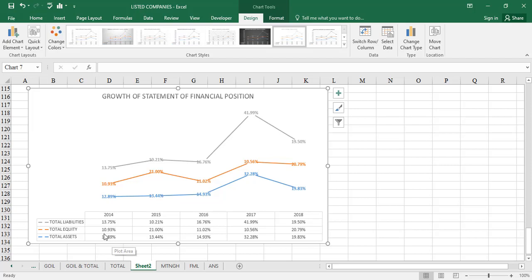And in total equity, we can see that it has been growing at a steady rate from 10.93% in 2014 through to 20.79% in 2018. And then we have total assets increasing at a steady rate as well, from 12.89% through to 19.83% in 2018, with the highest being 2017, where it increased by 32.28%, which you can say is because of the higher increment in total liabilities in 2017.